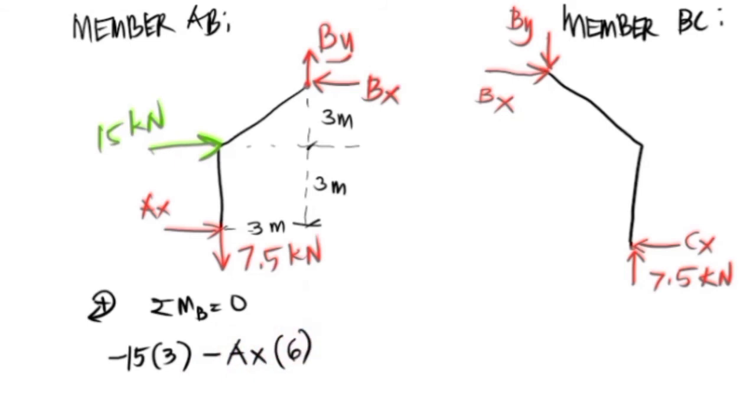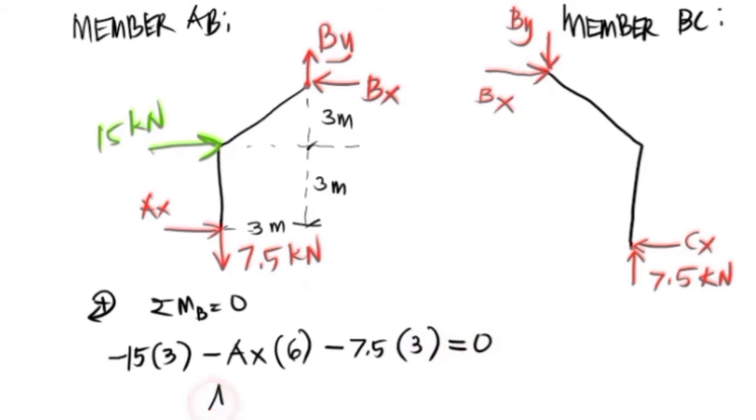And the 7.5 kN vertical reaction AY natin, that's counterclockwise, so negative 7.5 kN multiplied with the perpendicular distance 3 meters. This is equal to 0.